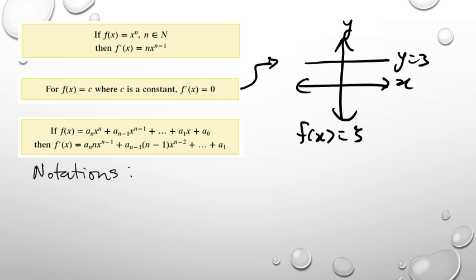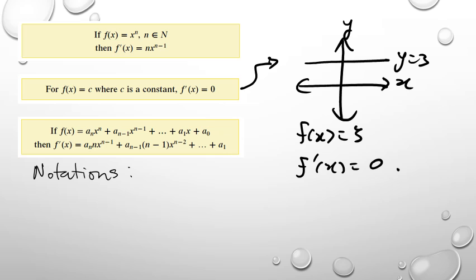What's our gradient for that line? 0. That means the gradient should be 0. Right? So that's the reason why. Then if you have all the different terms adding together, you just differentiate each one separately.